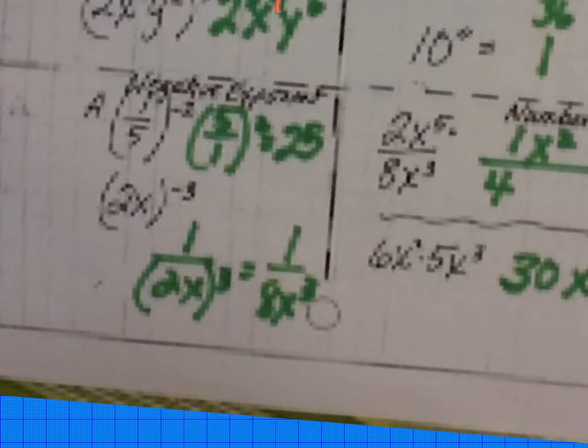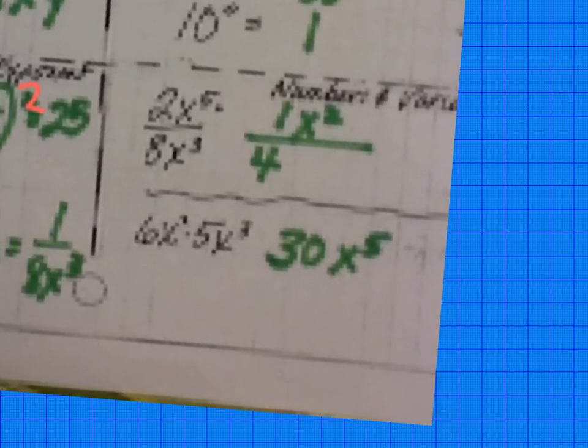Negative exponents. 1/5 is the base to the negative 2 power. So we're going to use the reciprocal, flip it to the positive power. So 5 squared would be 5 times 5, which is 25. The second one, 2x is the base, so we're going to divide by 2x 3 times. 1 divided by 2x times 2x times 2x, which would be 8x to the 3rd power.